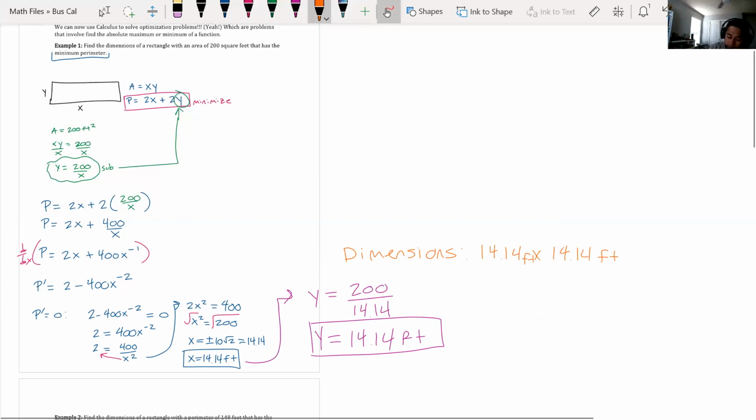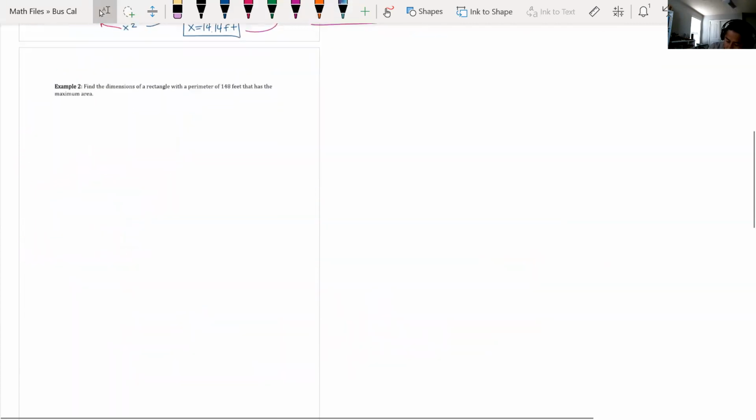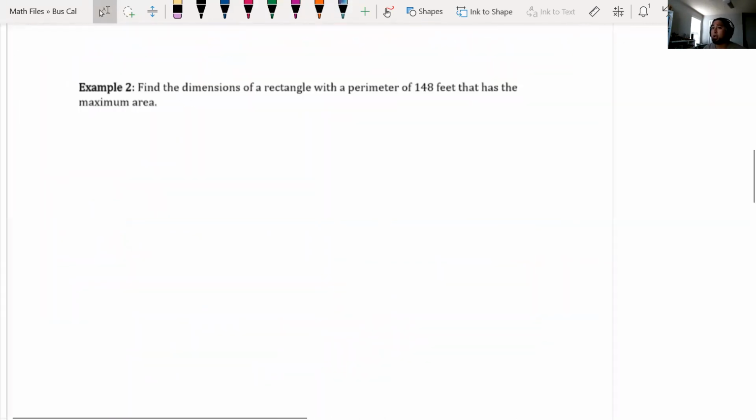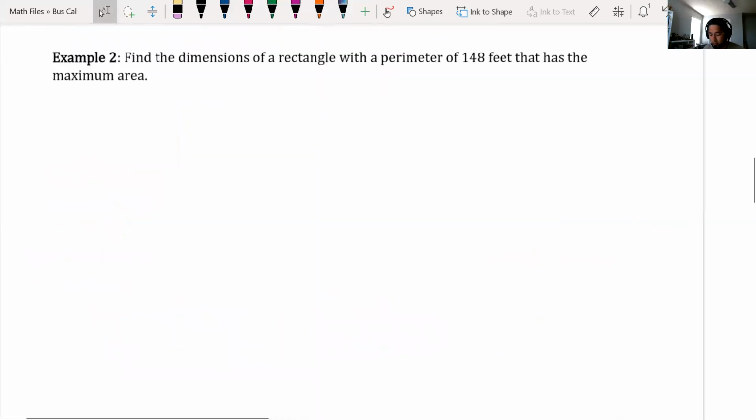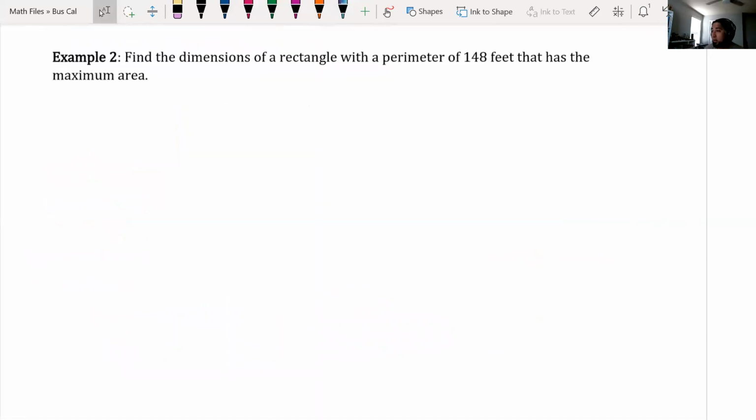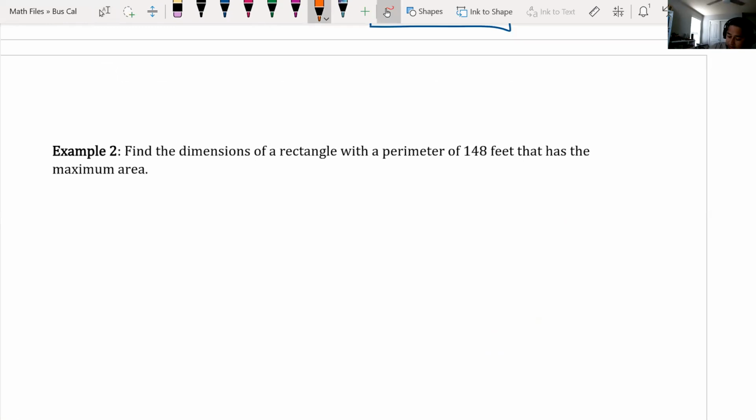Okay, let's try another one. These are just warming us up for actual word problems. So number 2: find the dimensions of a rectangle with a perimeter of 148 feet and has the maximum area. So that means we are now going to maximize the area.